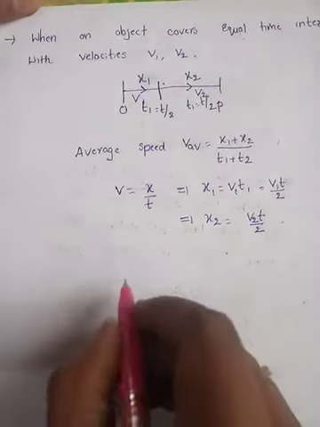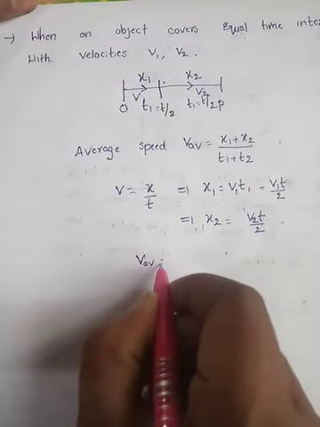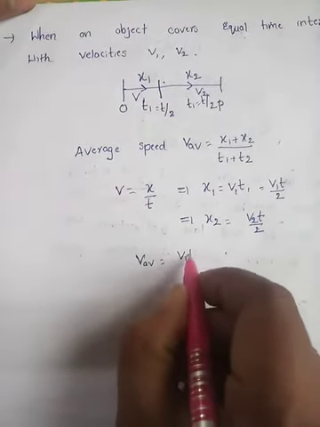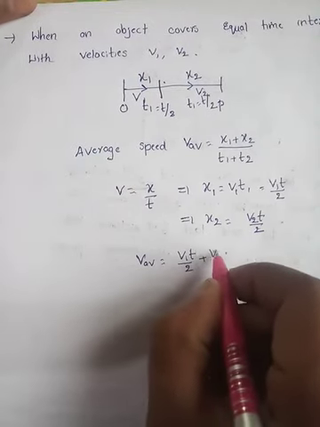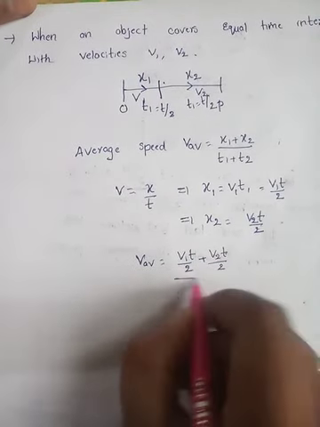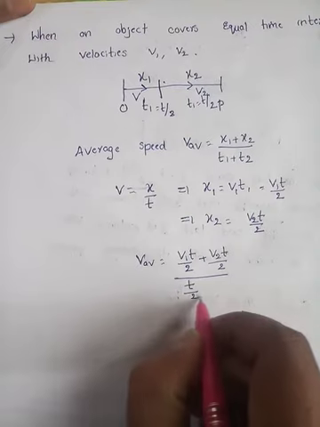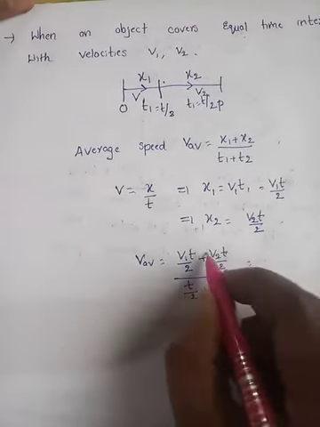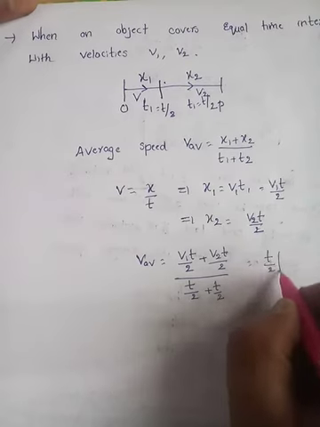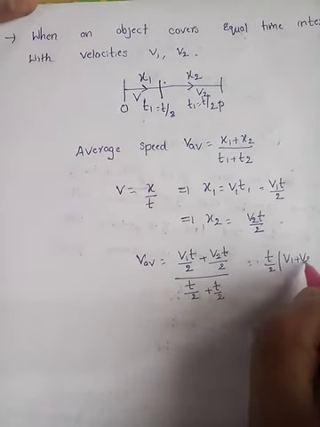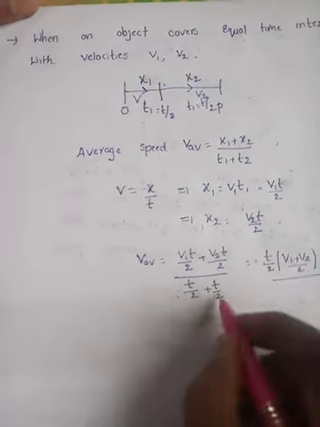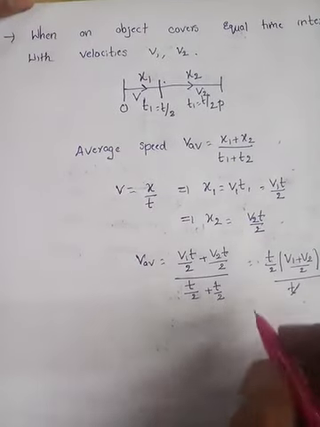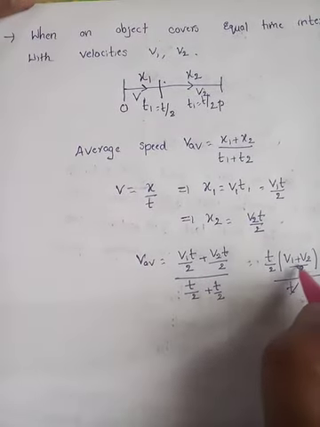So substituting in the equation, v average equals x1, which is v1 t by 2, plus x2, which is v2 t by 2, divided by the time taken, t by 2 plus t by 2. So finally what is common here? T by 2, if we take it common, v1 plus v2 by 2 divided by t, sorry, t by 2 taken common, right?